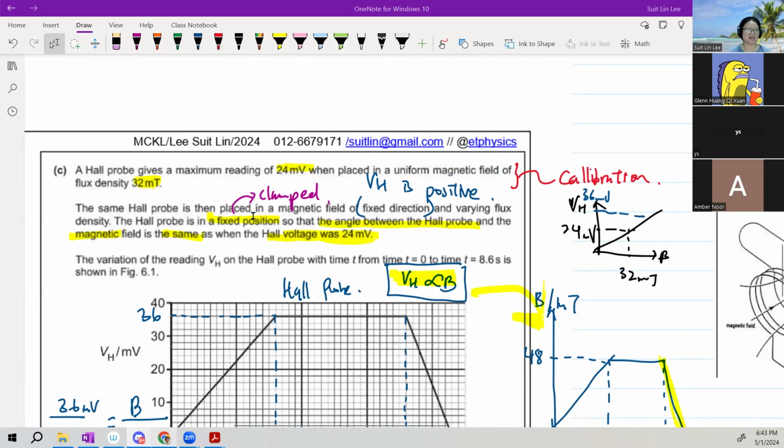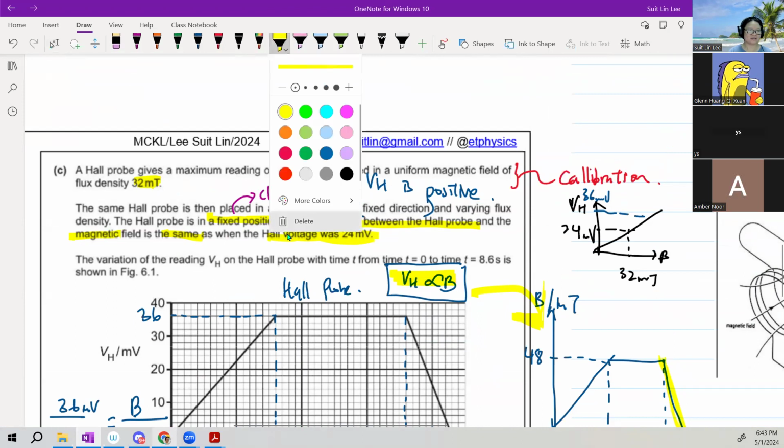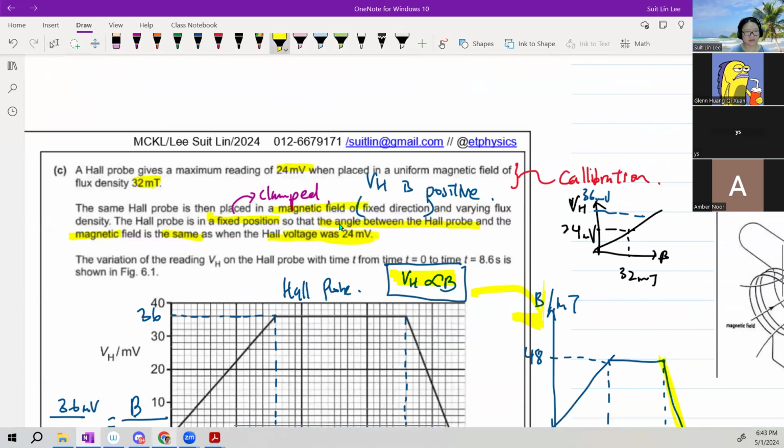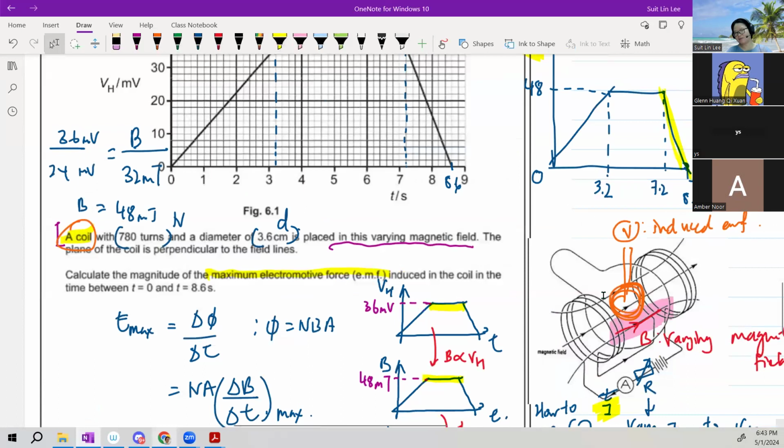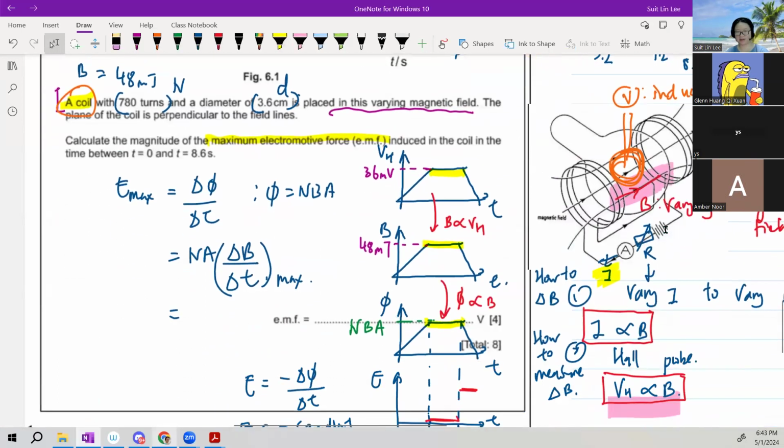So you just got to accept that there is a magnetic flux density in a fixed direction. There's a magnetic field in a fixed direction and varying flux density. Why is there a magnetic field? I can provide a conjecture. Perhaps there is a setup like this where I can change the current to change the magnetic field.